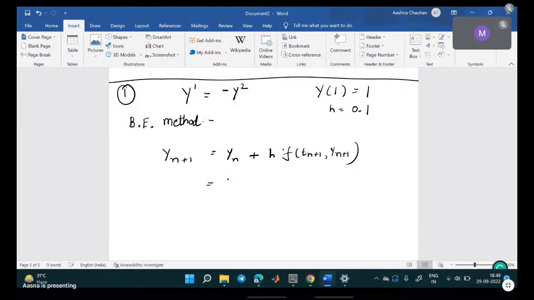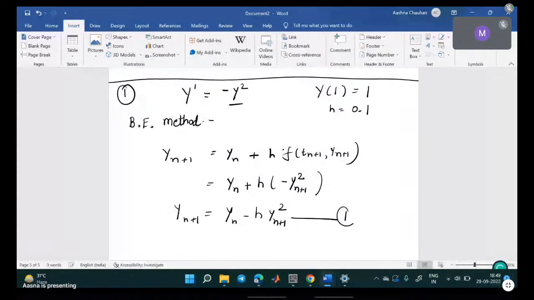So it is equals to yn plus h times of minus of yn plus 1 square. Here f of t comma y is this. So it is equals to yn minus h times of yn plus 1 square. ठीक है, this is our equation number 1.